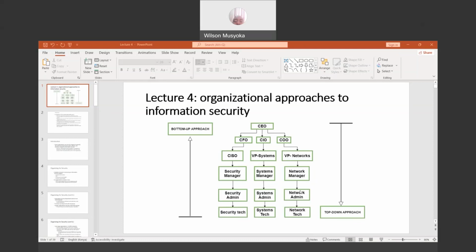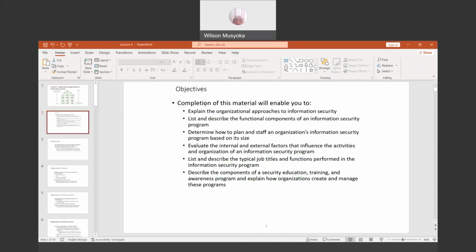But now today, we want to look at the approach of information security implementation. For the sake of what we expect to accomplish, we are going to ensure that by the end of the course you can explain the organizational approaches to information security. You can also list and describe the functional components of an information security program.